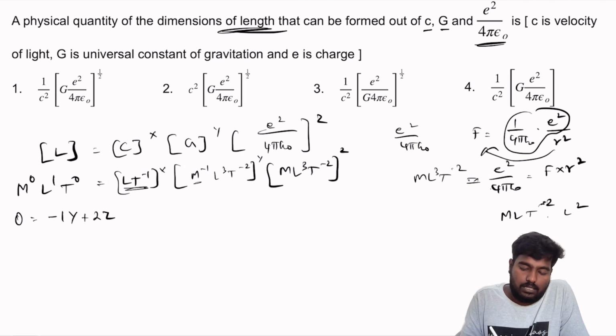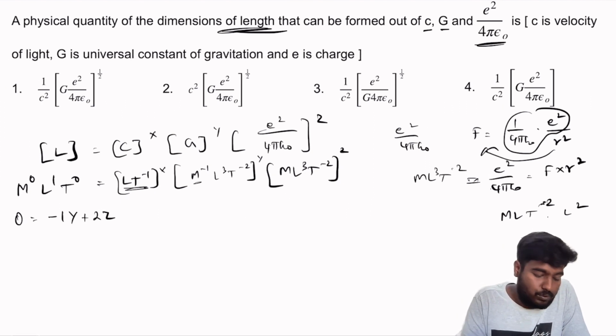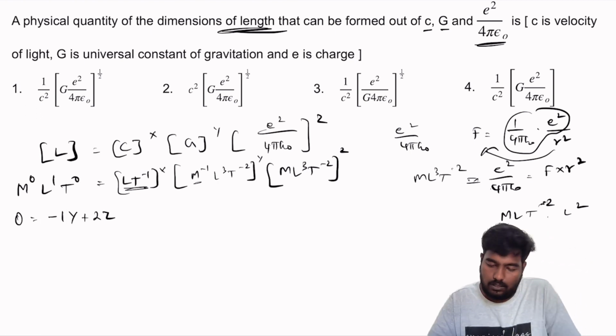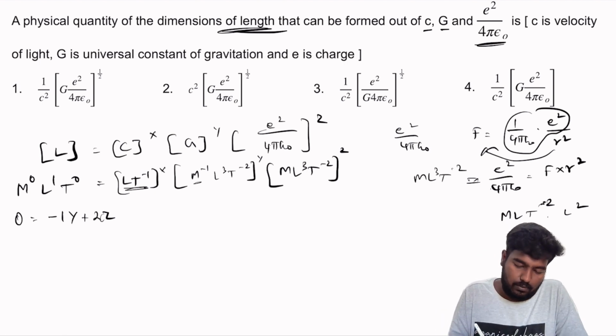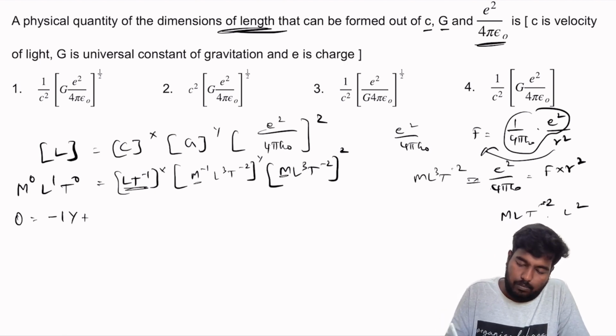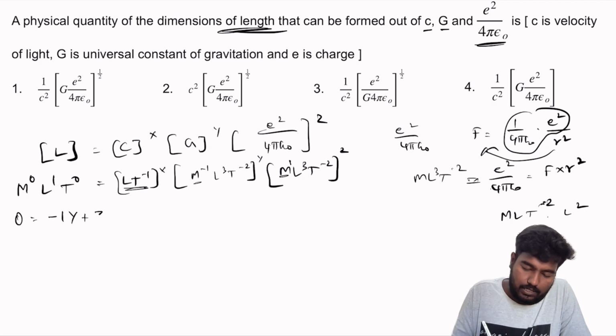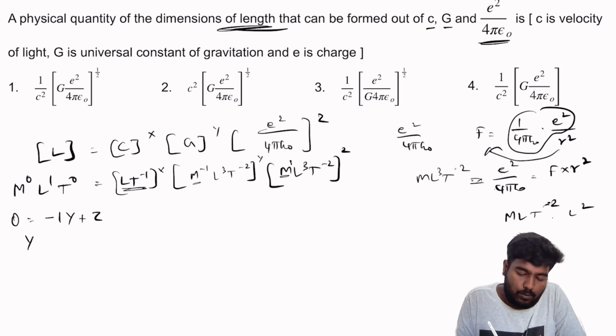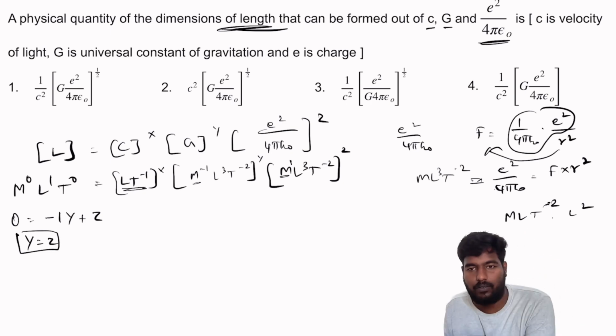So 0 is minus y plus z, one equation that we are getting. So you can conclude that y equals z. This is equating the powers of m.